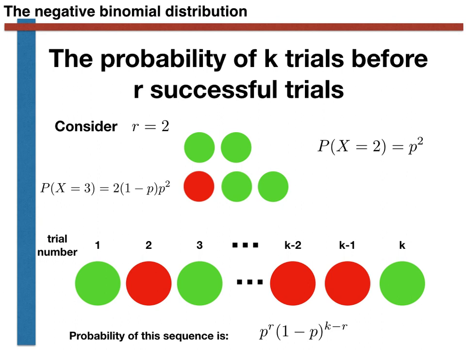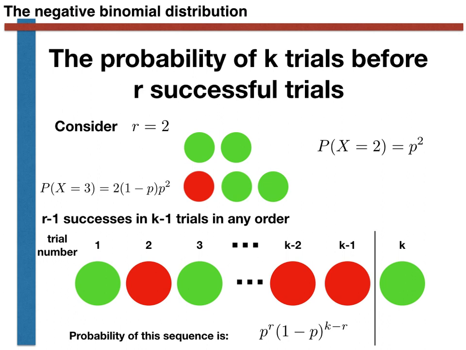We thus need to compute how many ways there are of arranging r-1 successes in k-1 trials. In other words, we have k-1 objects in total, r-1 of these objects are of one type, and the remaining k-r of them are of a second different type.